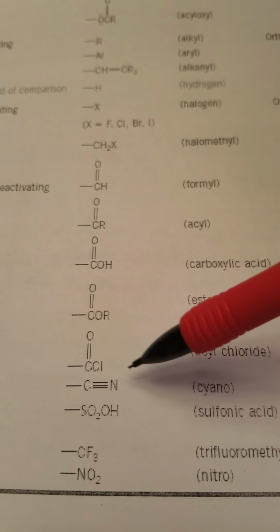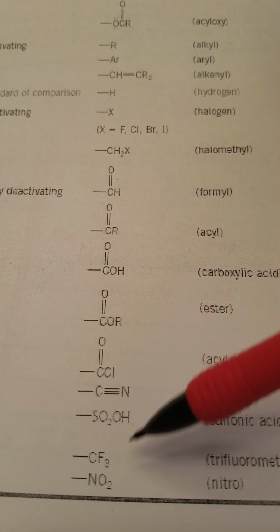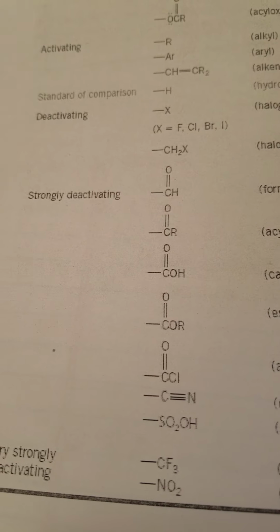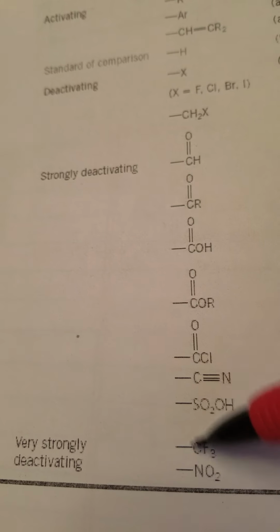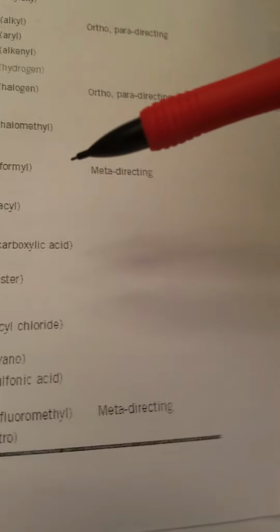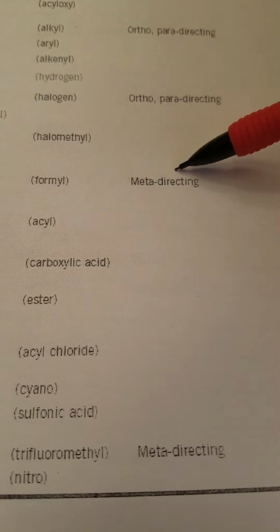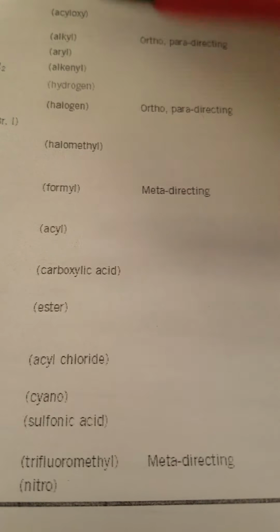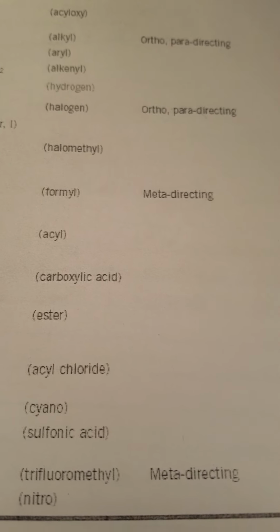When you get down here, your cyanides and so forth, these are all going to be strongly deactivating, with these being the most strongly deactivating. And these are meta-directing, so these will only form the one product in the meta position on the benzene ring.